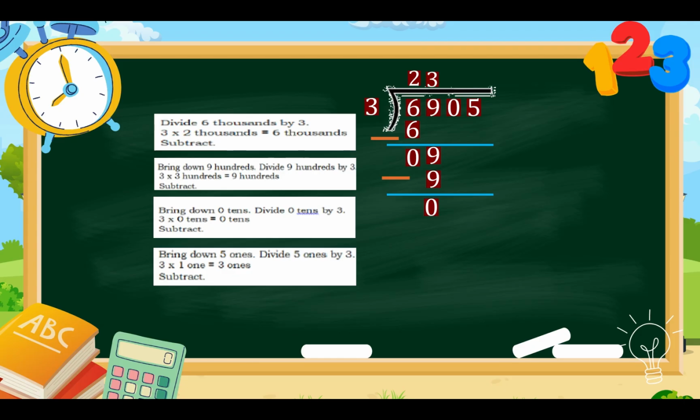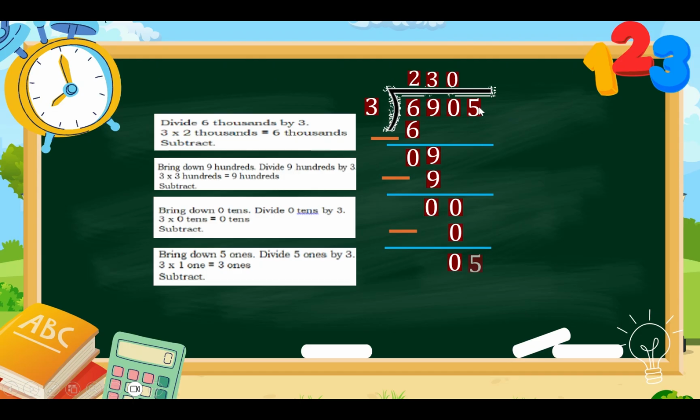Then we have to bring down 0. 0 divided by 3 equals 0. Then 0 times 3 equals 0. Now let's subtract, 0 minus 0 equals 0. We still have the last number, 5.